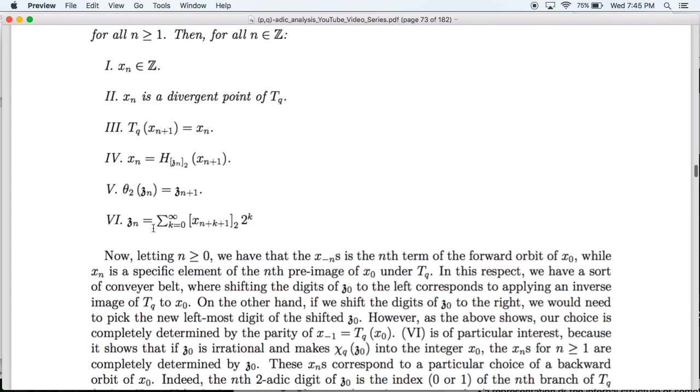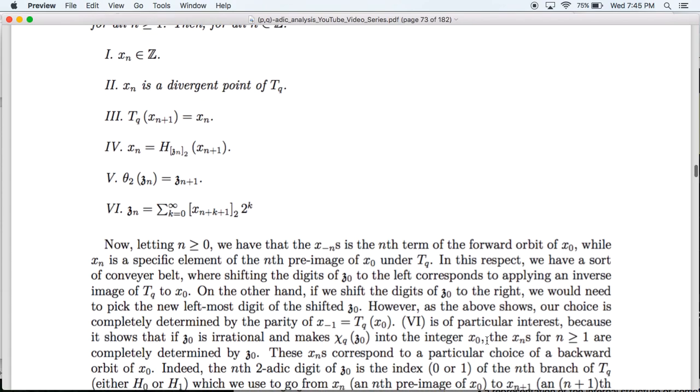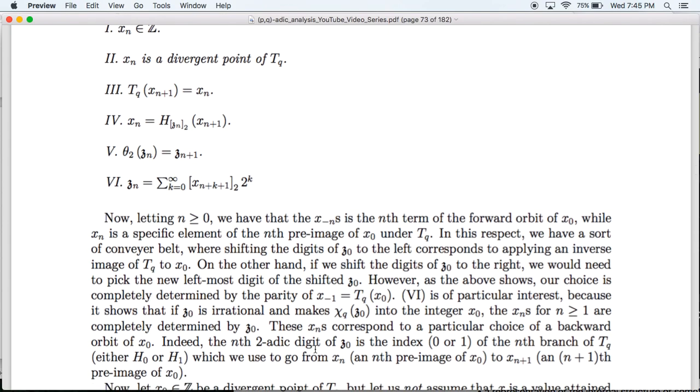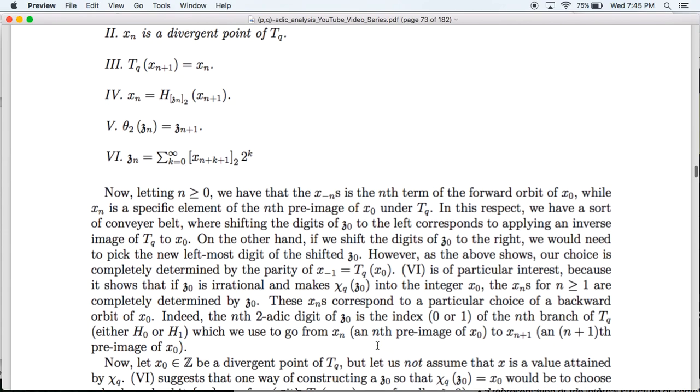Six is of particular interest here because it shows that if z0 is irrational and makes chi-q of z0 into an integer, then the xn's are completely determined by z0. These xn's, I said, correspond to a particular choice of a backward orbit of x0, and indeed the nth two-adic digit of z0 is the index 0 or 1 of the nth branch of Tq, which we would use to go from xn to xn plus 1.